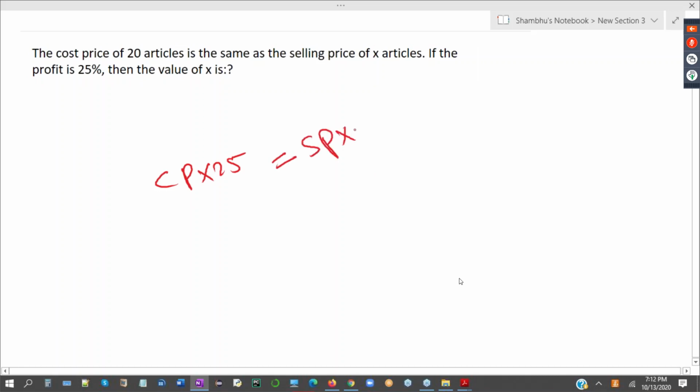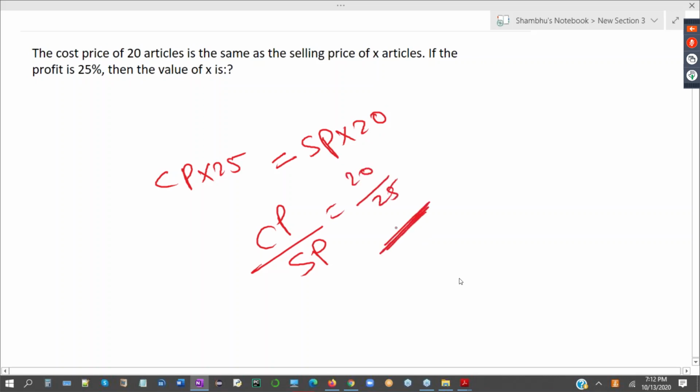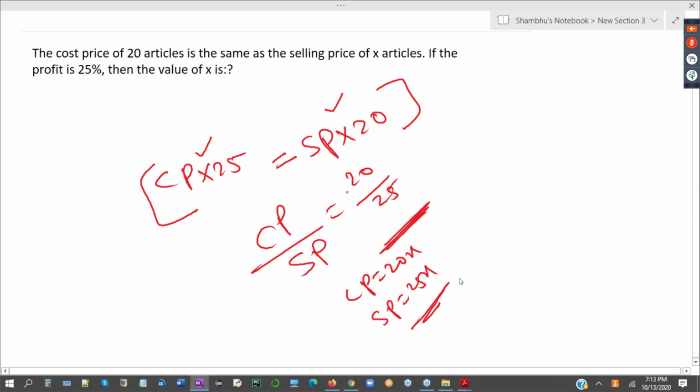CP of 25 articles is SP of 20 articles. You can write like that also. CP by SP is equal to 20 by 25. Many of you are asking. And the second method I told you was using direct profit percent. So you will write CP is 20x, SP is 25x, and then you can find out again profit percent is 25%, right?